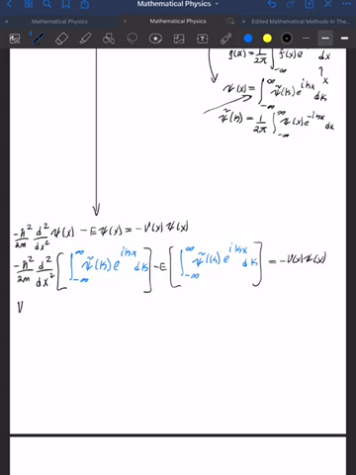We're going to let v of x times psi of x, and again we can do this, be some function f of x, big F of x.